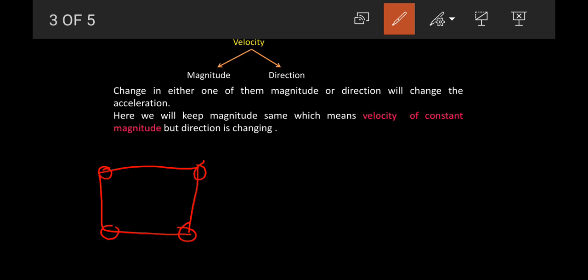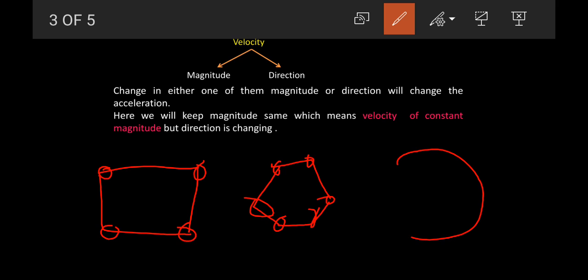Similarly, instead of a rectangle, if I have, let's say, a hexagon, that means 6 sides. When a boy starts from this direction, at the 6 corners he has to change direction to keep pace with his constant speed. So if I keep on increasing the sides, the change in direction will also keep on increasing, and if we keep on increasing the sides, in the end what we get is a circle.